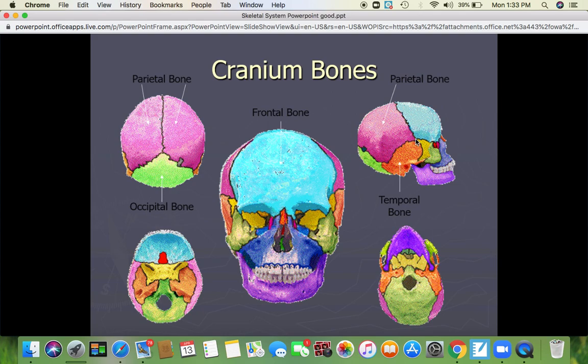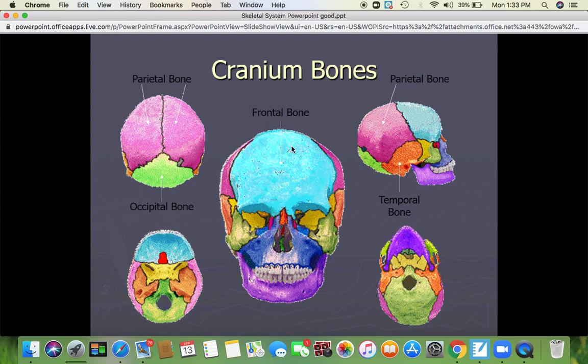You're probably familiar with babies. A baby has a soft spot right here, and there's also one towards the back. The reason for that is because these cranial bones are not fused together yet.